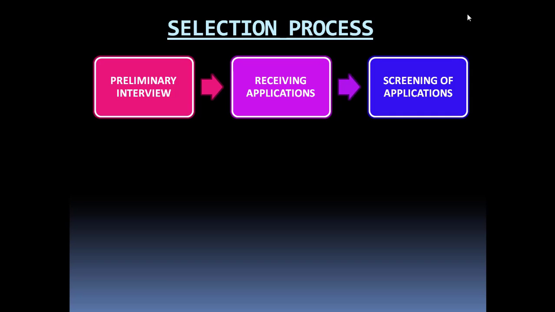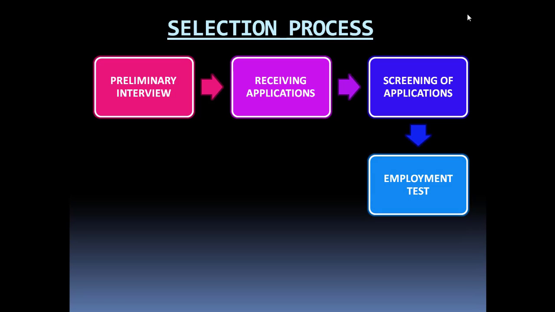Then screening of applications is done. Screening means seeing the application and then choosing from them. By seeing the application or resume of the candidate when selection is being done, that is called screening of the applications.